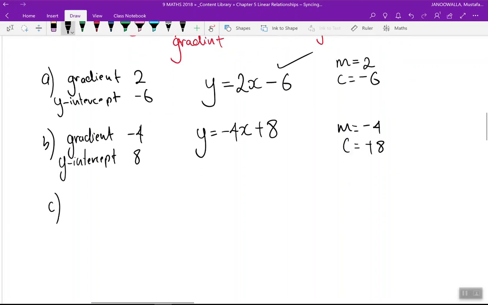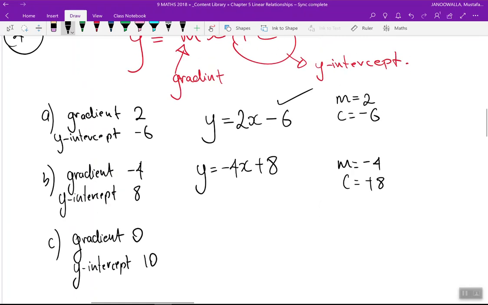Part C, gradient is 0. Now this is the one I've not gone through. When gradient is 0, y-intercept is 10. So what would my equation be?